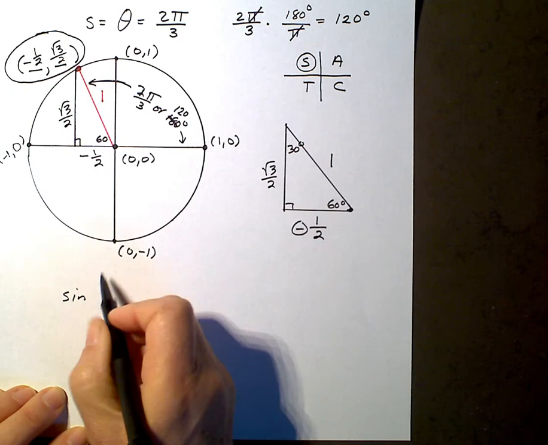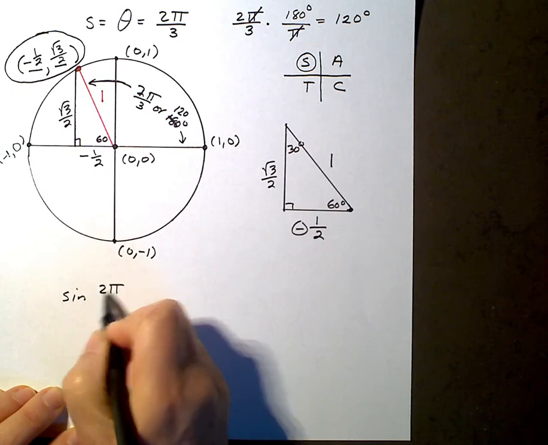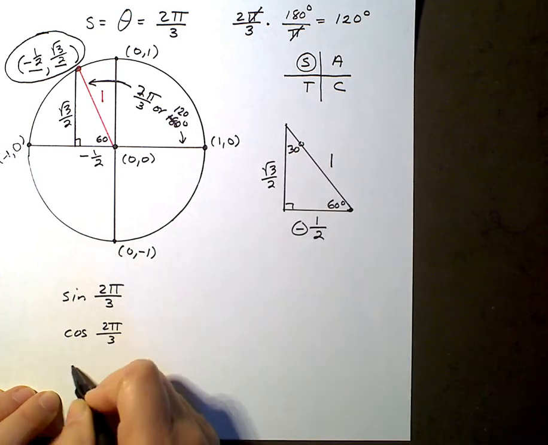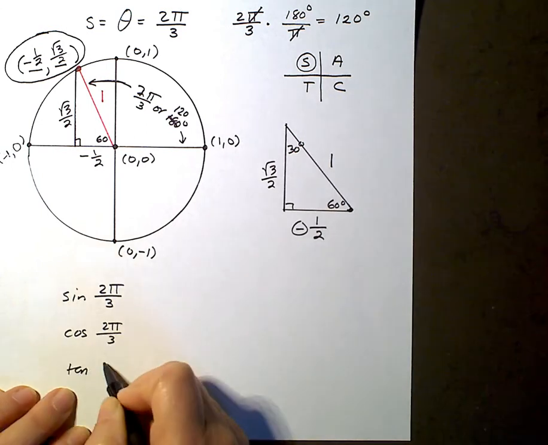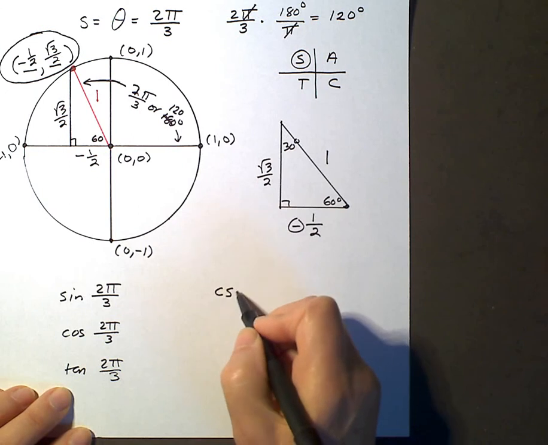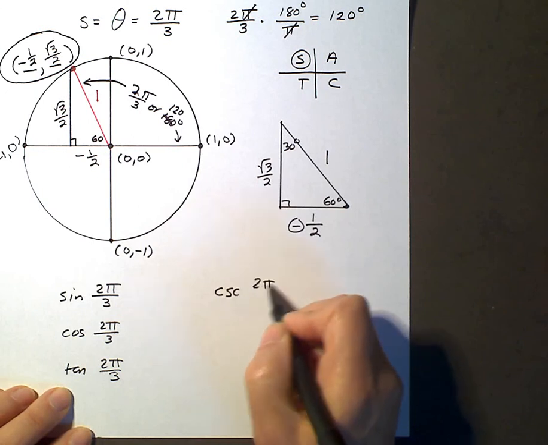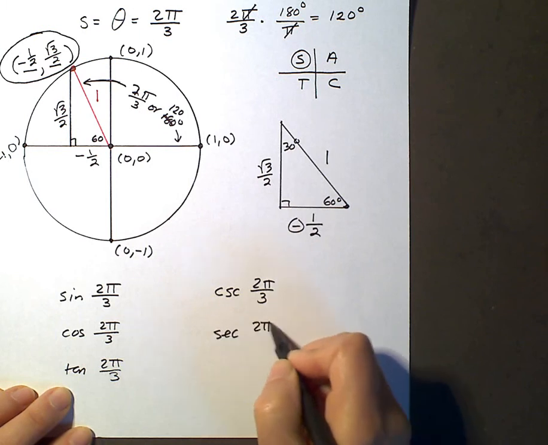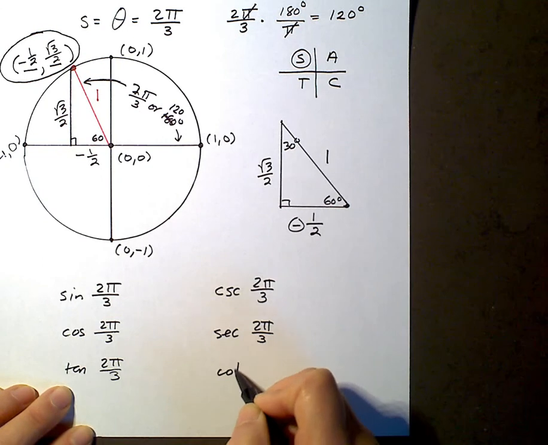So, writing these in. The reciprocal of sine is the cosecant. The reciprocal of cosine is the secant. And the reciprocal of the tangent is the cotangent.